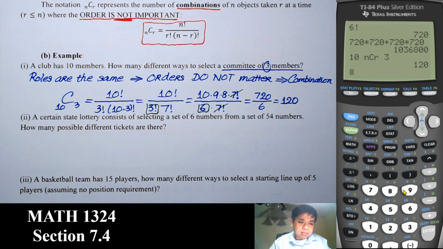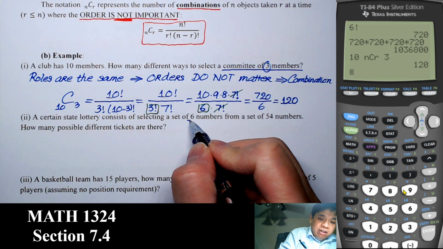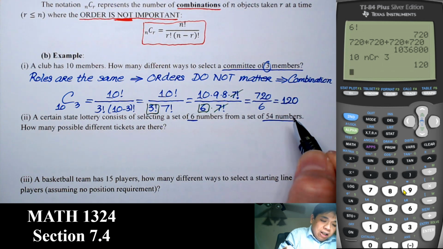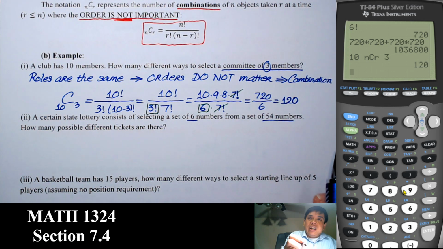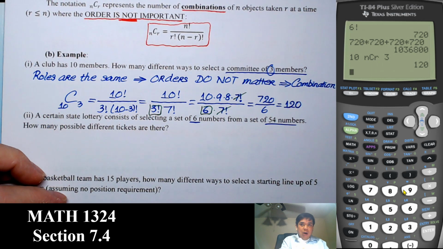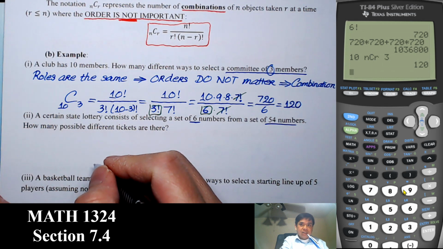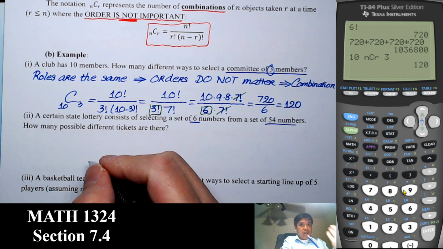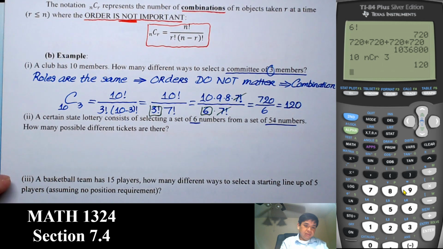Right, next. A certain state lottery consists of selecting 6 numbers from the set of 54. Actually, this is the state of Texas. How many possible different tickets are there? Well, say you just select a number. When we select a number, we just bubble it, and the order of selecting the numbers does not matter.